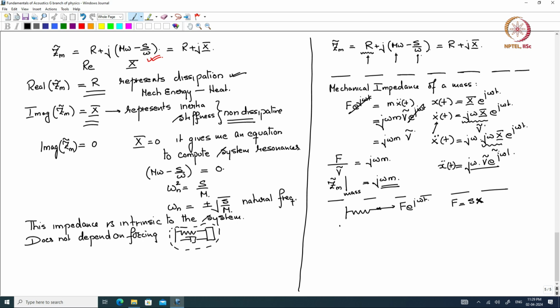Okay. So my F e to the power of j omega t is equal to S times x of t. Okay. And x of t I am going to write in terms of velocity, so S times v tilde e to the power of j omega t divided by j omega.